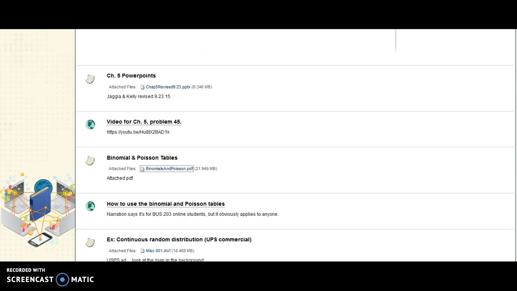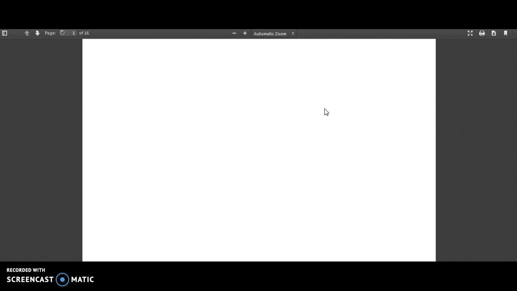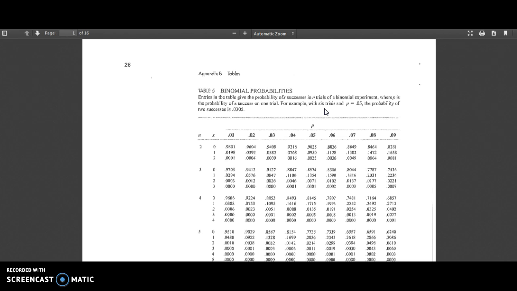Click on that, and when it opens, there will be tables that allow you to use the table as opposed to using that rather large and complex formula on page 168 of the book and the first part of the formula sheet. There's another video on how to use binomial and Poisson tables, so I won't repeat that.